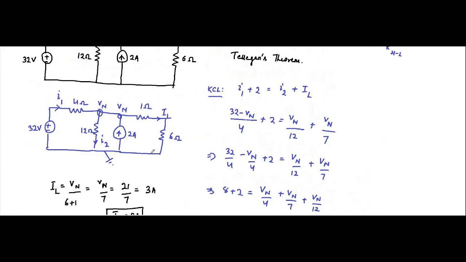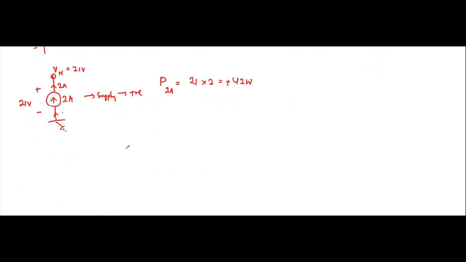Then we have the 1 ohm and 6 ohm resistors. The current flowing through the 1 ohm is, sorry, it is not I1, it is IL, the load current IL. Both of them are absorbing power.